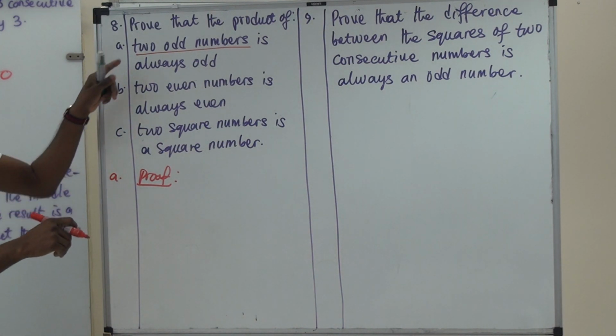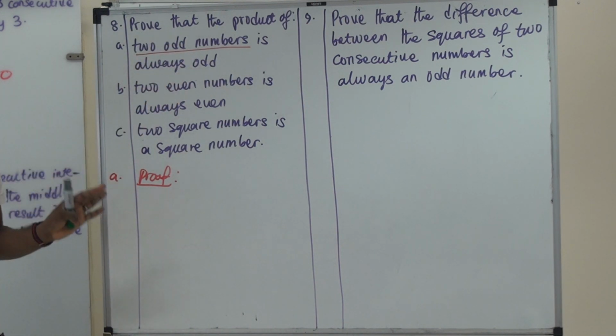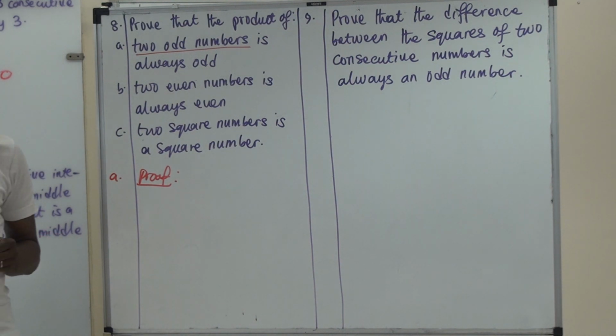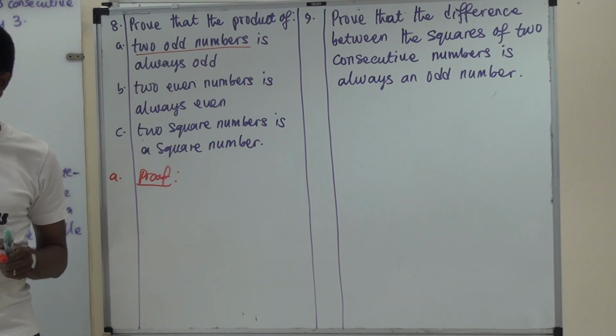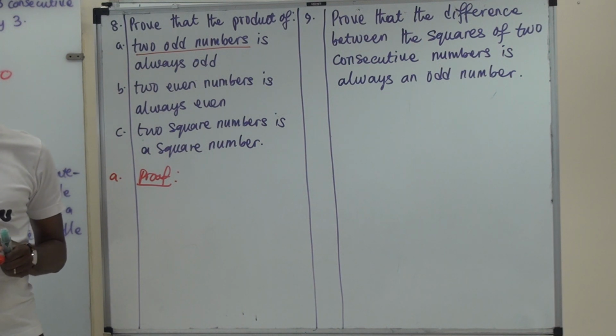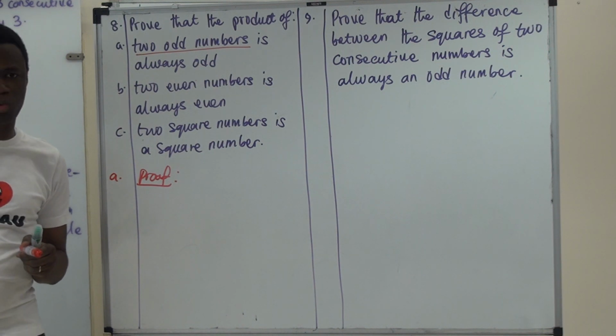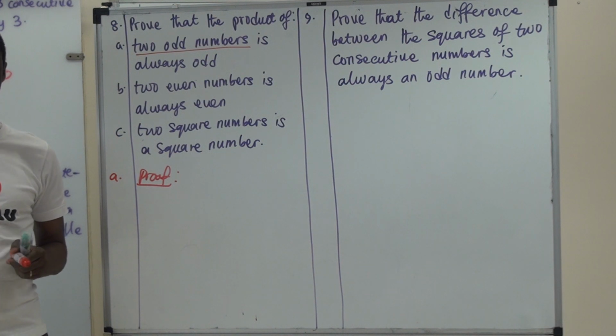Anyway, now, if there are two odd numbers, we don't know if they are consecutive or not. So we can't assume they are consecutive. So we can't use x and x plus 2 to represent the numbers. Rather, we use different variables. What is the format of an odd number? What does an odd number look like in algebra? Yes? Maybe 2a plus 1. Okay? It will be an even plus 1. Every odd number is like that.